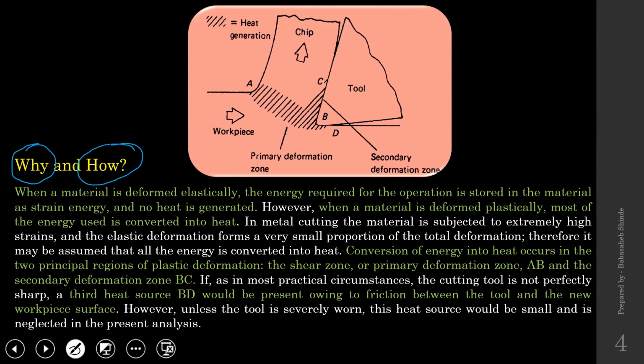And how, I already have explained. There are three deformation zones: AB, BC, and BD. And these three zones act as a source of heat generation. So first heat generation takes place in this zone, then in this zone, and then in the third zone BD.